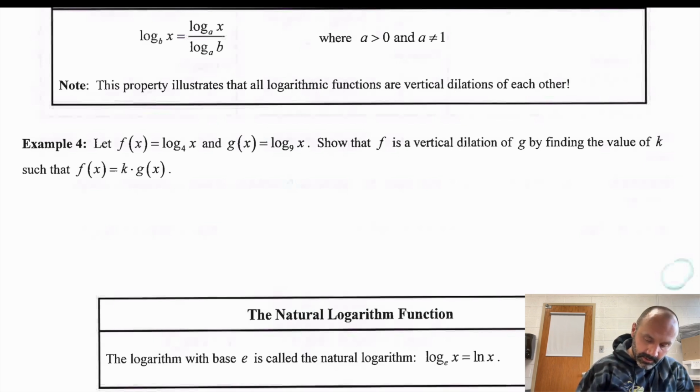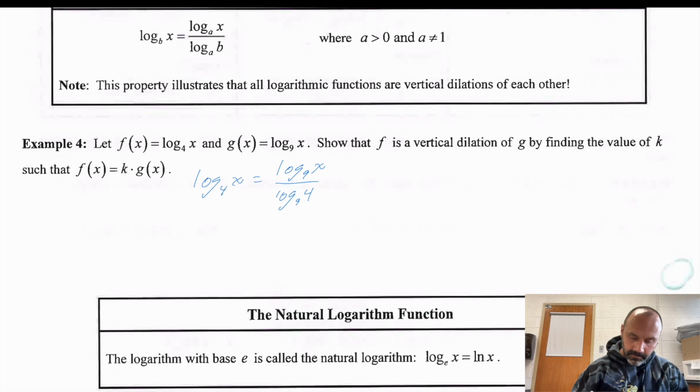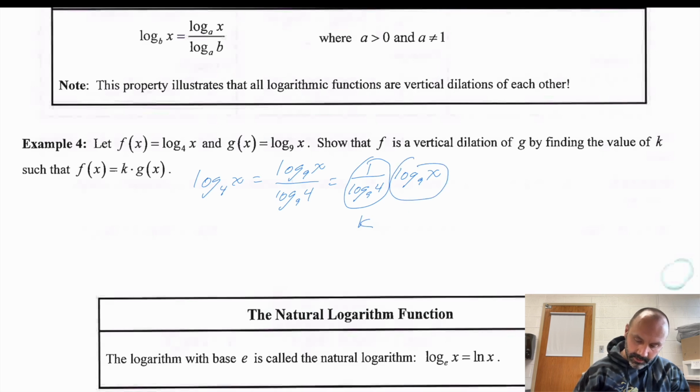So log base 4 of x equals log base 9 of x over log base 9 of 4, right? And log base 9 of 4 is a constant. It's not a variable. It's not changing. So 1 over log base 9 of 4 times log base 9 of x. And this is equal to k, and then this is equal to g of x, a different function.